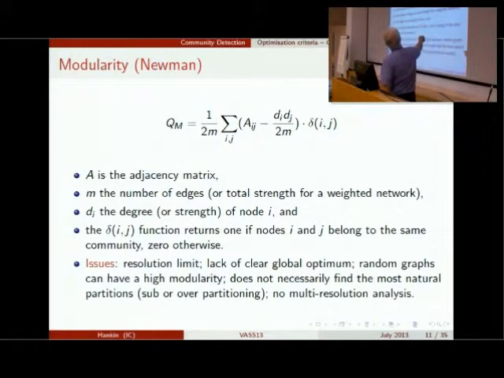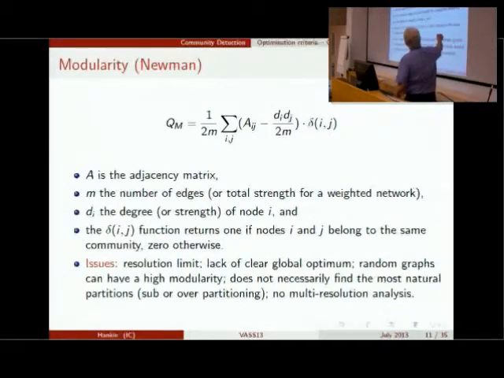So what this subtraction is telling us is the difference between the number of arcs that there actually are between i and j versus the number of arcs that there would be if we took a completely random graph. The 2m is just factored out there, but it might have been clearer if this had been divided by 2m and this had been divided by 4m squared.